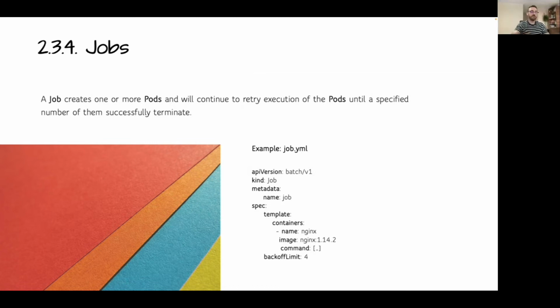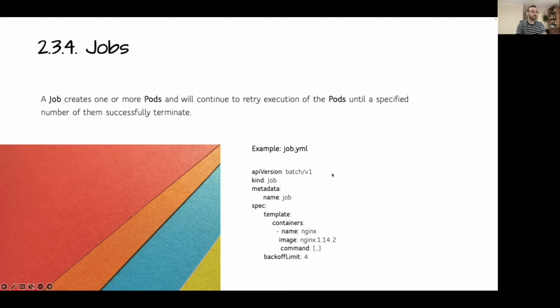So let's say it's the first time we want to run this command, we define the job. The job in turn will create a pod that will run that command, and that pod will end because that was its only responsibility. And the job object will count how many times the pods defined by it ran successfully.